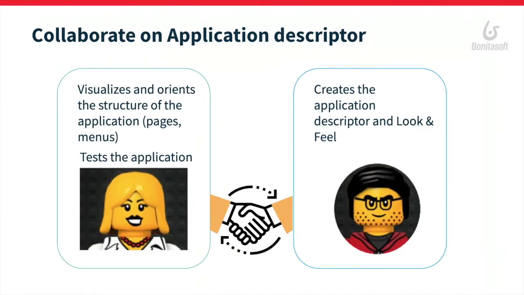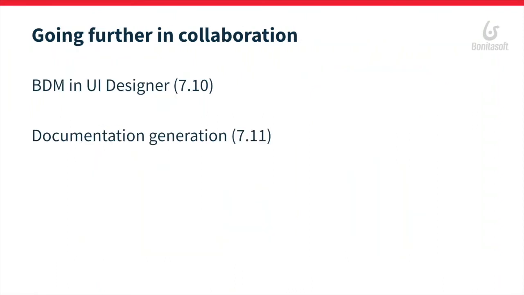So we have done the overview of what can be done to collaborate in the studio, but now what could be done to go further in this collaboration? In 7.10 in UI Designer, we have integrated a new feature that will be available as a video next week.